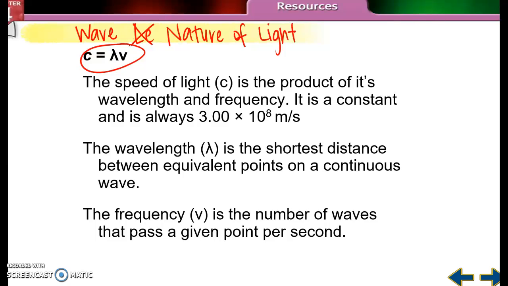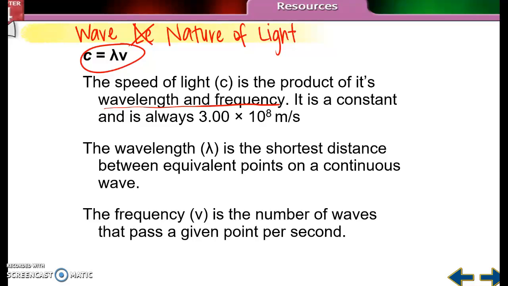What that means is the speed of light, c, is equal to the wavelength times the frequency. The speed of light is the product of its wavelength times frequency. Speed of light is a constant, and it will always be 3 times 10 to the 8th meters per second. That is the speed of light that we observe.